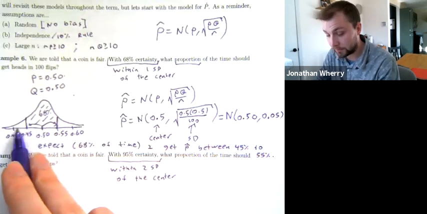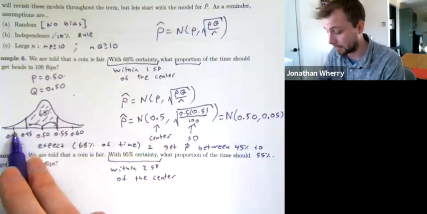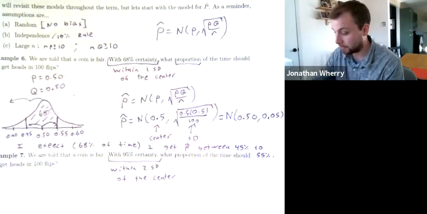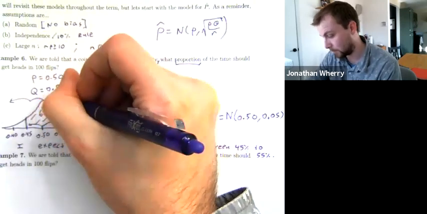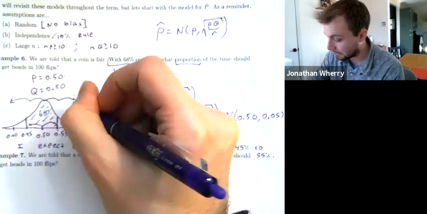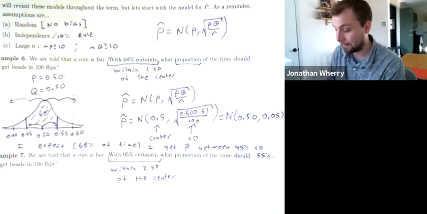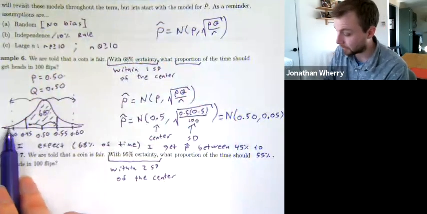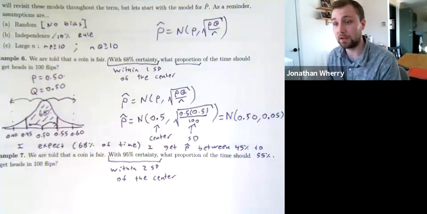So I go 1, 2 tick marks down. I'm glad I labeled this down 2 tick marks. Makes that easier for me now. And 2 tick marks up. Looks like the curve has crazy hair or something. I'm looking at the area between these values here. That's 95%. I'm seeing that's a low value of 40 and a high value of 60.